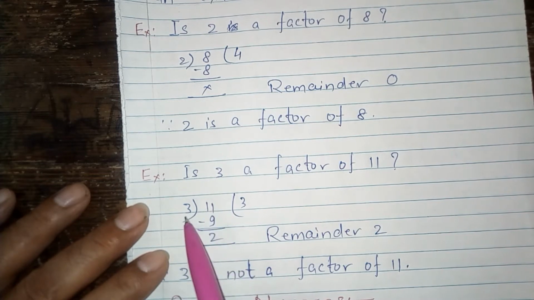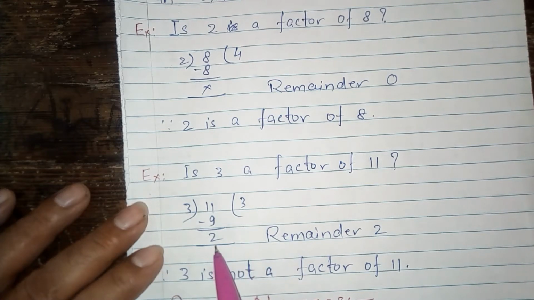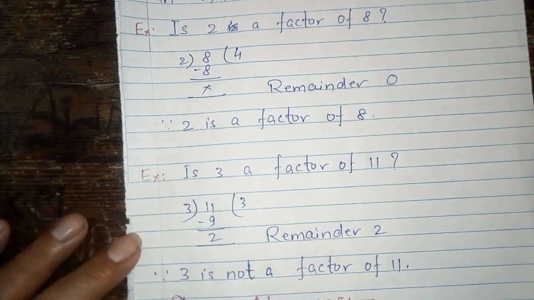So 11 divided by 3. 3 threes are 9, 11 minus 9 you will get 2. Remainder is 2. The meaning is 3 is not a factor of 11.